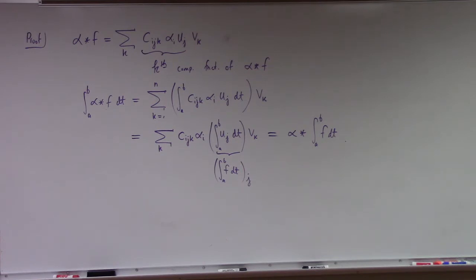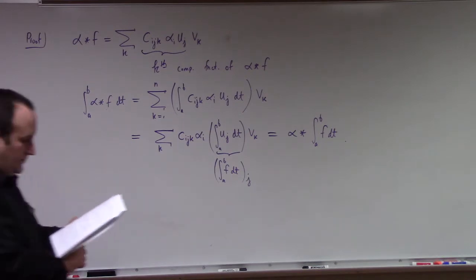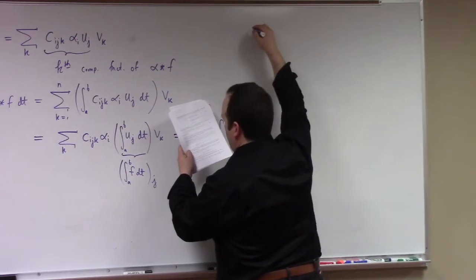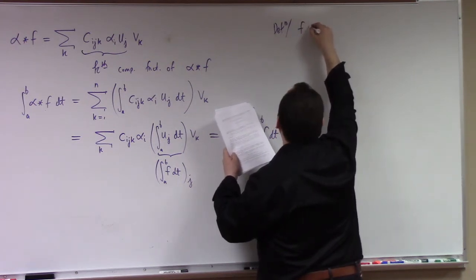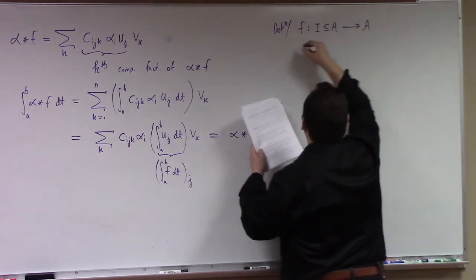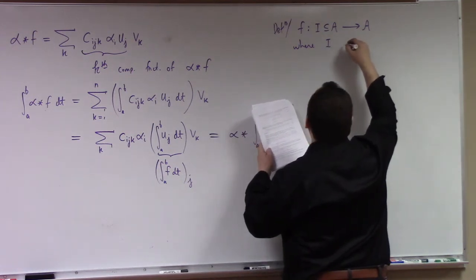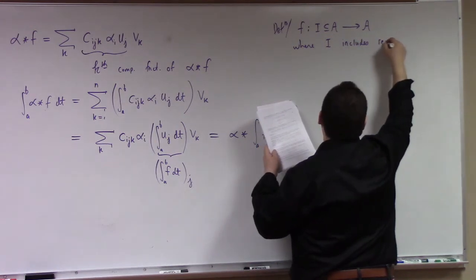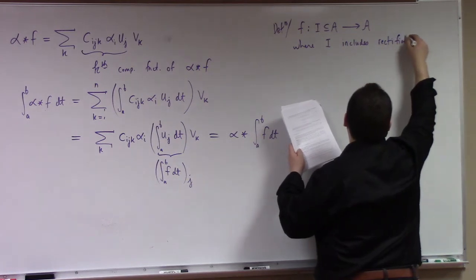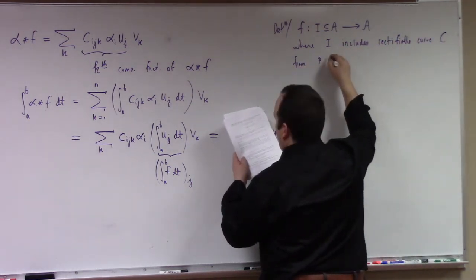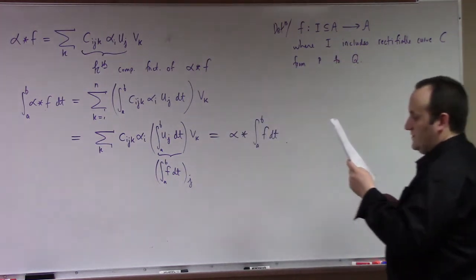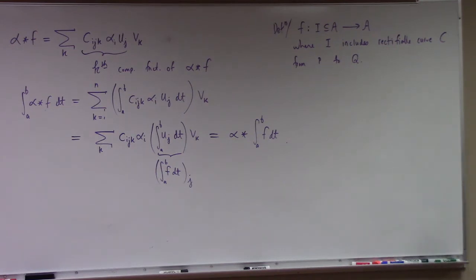So, all right. Getting to the point, guys. The definition I'm actually interested in is if we have f, a function on some subset of the algebra to the algebra again, where it includes a rectifiable curve C from P to Q. Rectifiable means that you can chop it up into polygonal approximations, which in the limit converge to the curve so that the following makes sense.